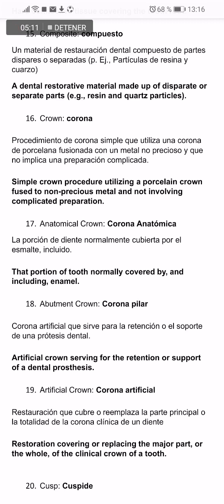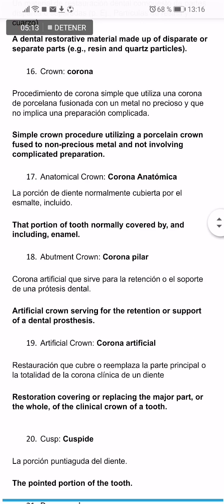Anatomical crown, corona anatómica: that portion of tooth normally covered by enamel.